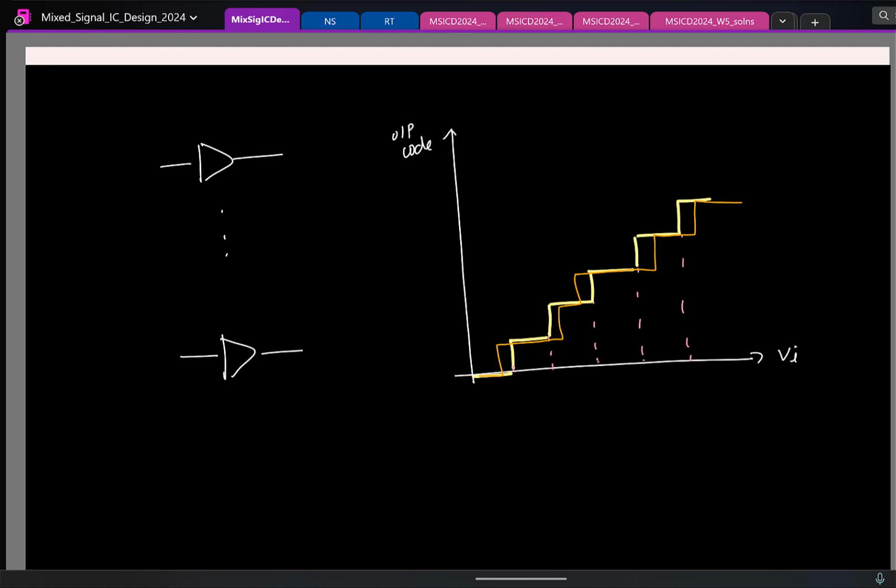So what will happen because of this? You get DNL, INL. If I apply a sinusoid, what will I see at the output? What is DNL, INL? Differential and integral non-linearity, which means if I feed in a sinusoid, in the spectrum I will see the harmonics of the input sinusoid.